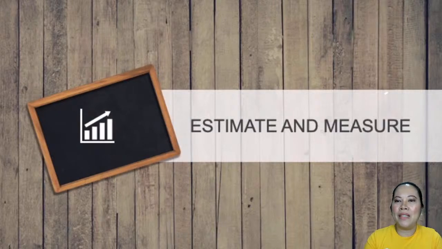For our maths tonight, we will be talking about estimate and measure. This is a primary or elementary maths. As for science, we will be talking about pollution and diseases caused by pollution, which is also a primary science topic.